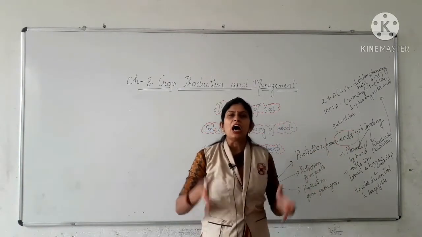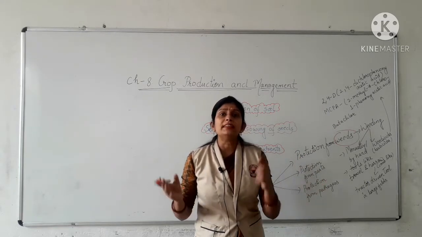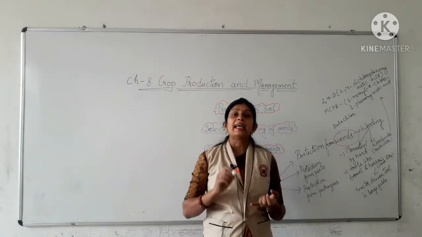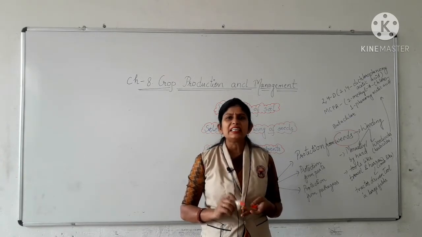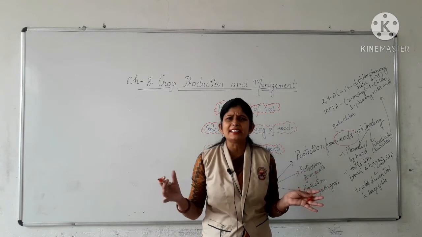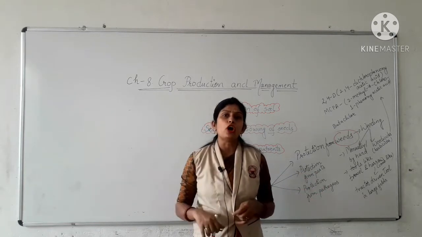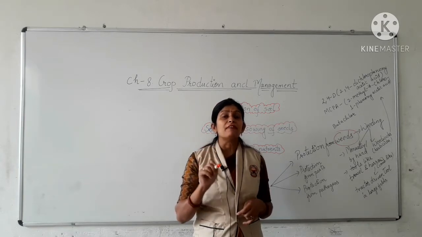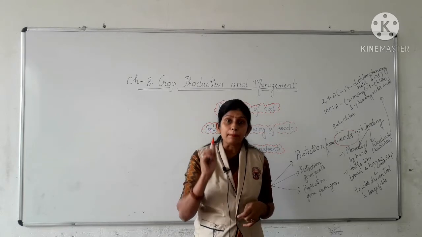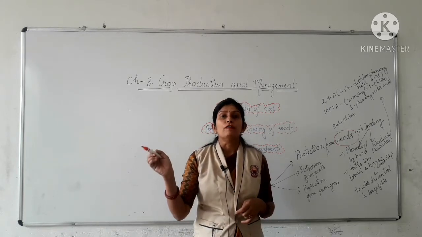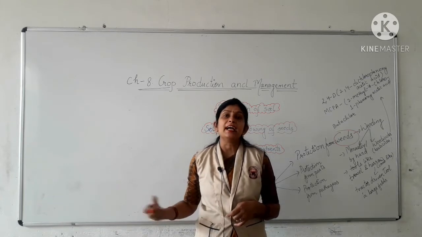Weeds are unwanted plants which grow with the main crop, like amaranthus, wild oats, grass. These are unwanted, undesirable plants which grow with the main crop, and these are very harmful for the main crop because they compete with the main crop for sunlight, water, space and nutrients.